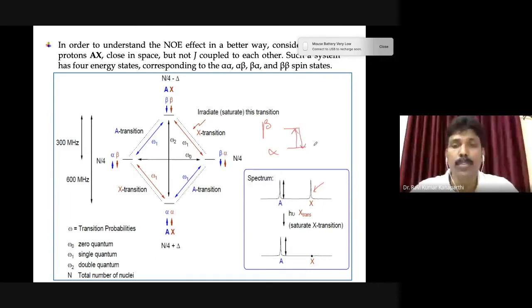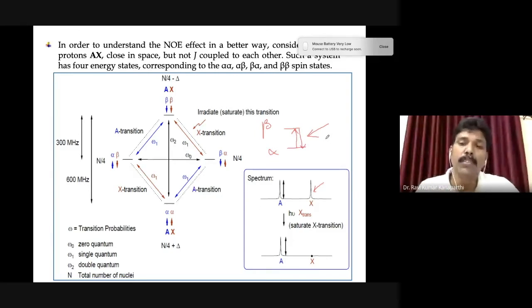Typically the alpha state is more populated and the beta state is less populated, because that is the excited state. By the method of saturation, we use a decoupler. This decoupler is kept on throughout the experiment.